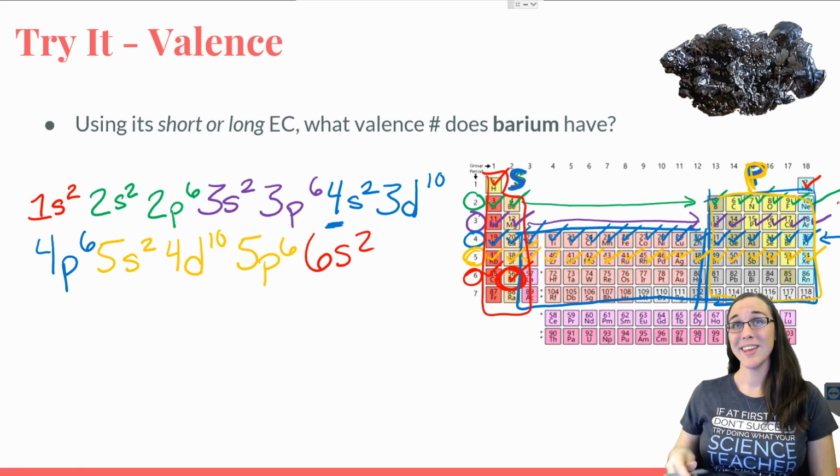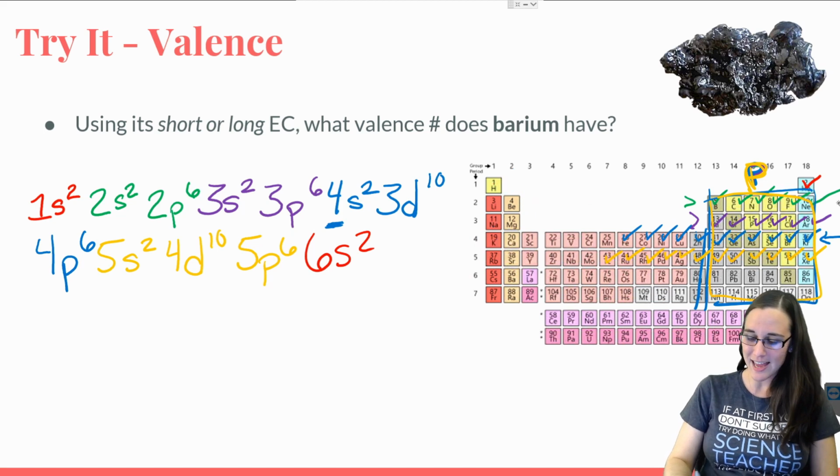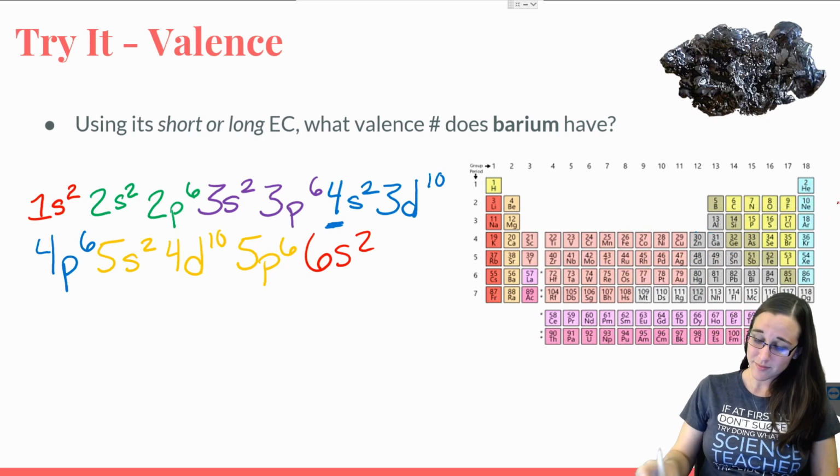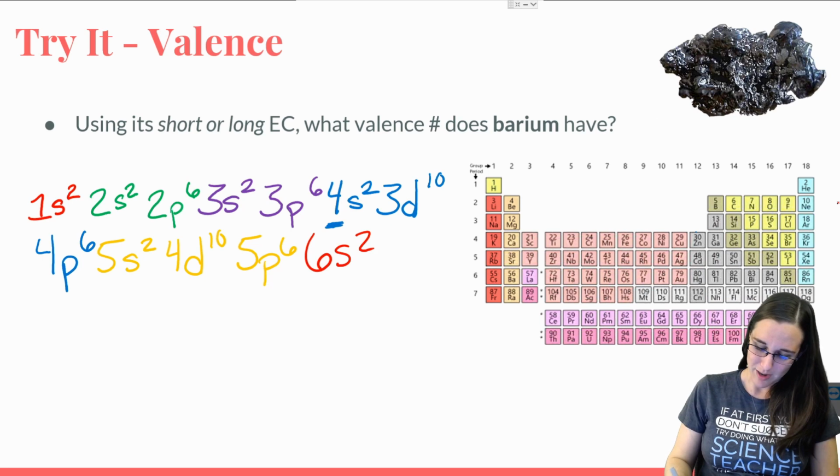Now watch. This would be so much easier if instead we just did the abbreviated version. So the abbreviated version of all this gobbledygook we just did would be finding barium, figuring out what the noble gas is before it.